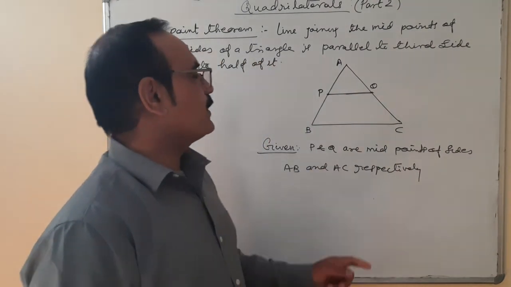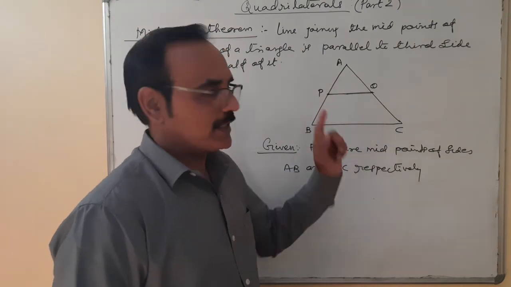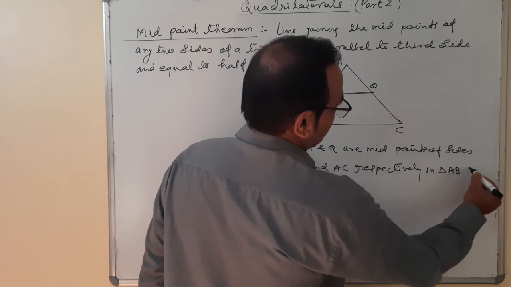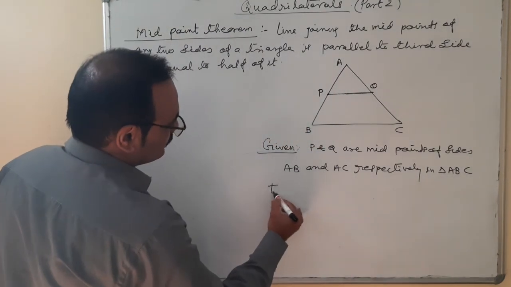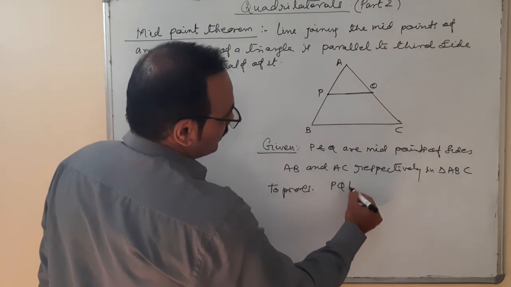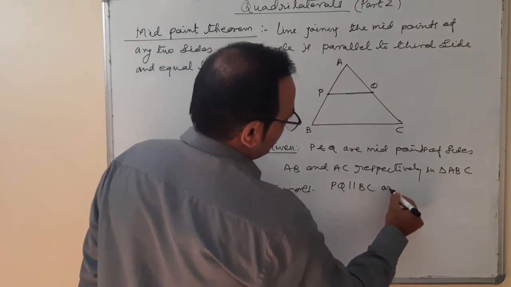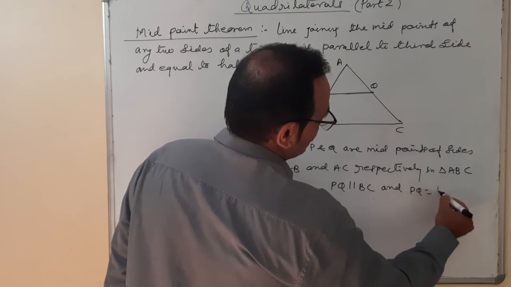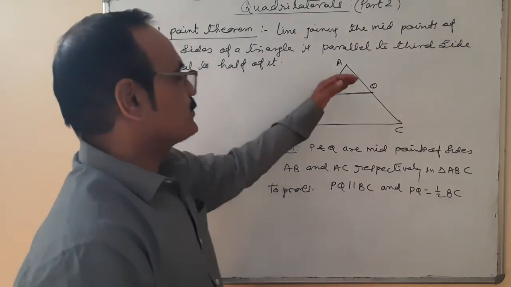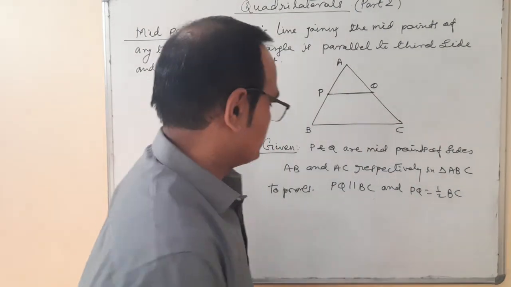P and Q are midpoints of sides AB and AC respectively in triangle ABC. To prove, what we have to prove is that PQ is parallel to BC and PQ is equal to half of BC. This also I am going to prove. PQ is parallel to BC and PQ equal to half of BC.